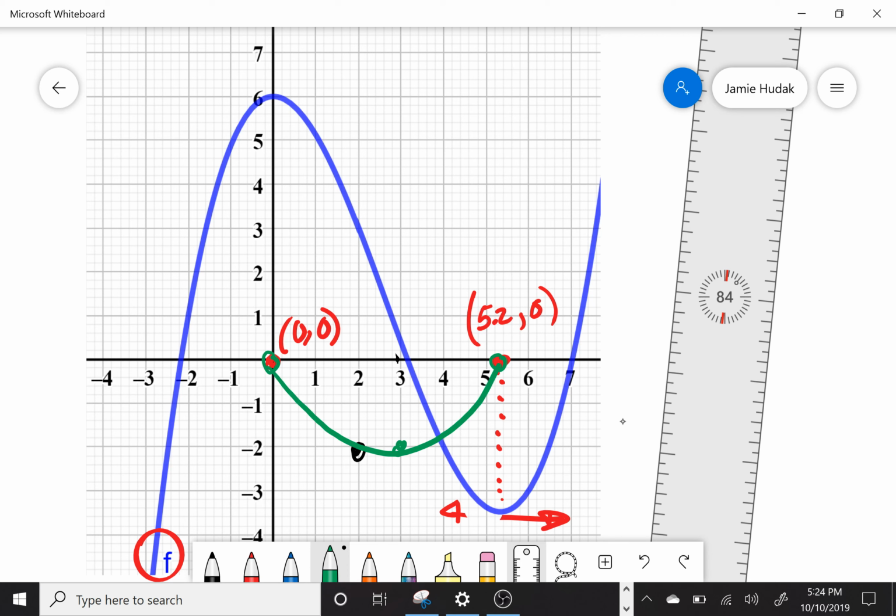Now, let's look at a value on this side where the slope is positive. Let's pick a point. I guess we can try negative 1. Put a point on the graph. We'll draw our tangent line there.